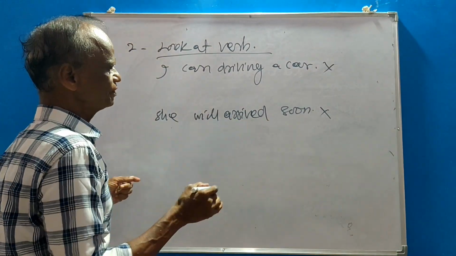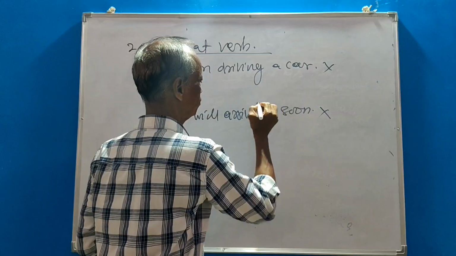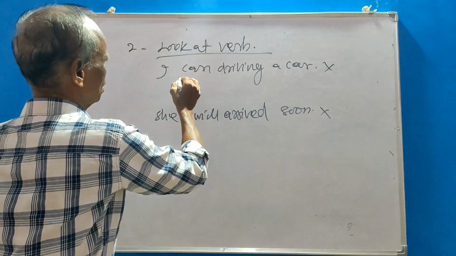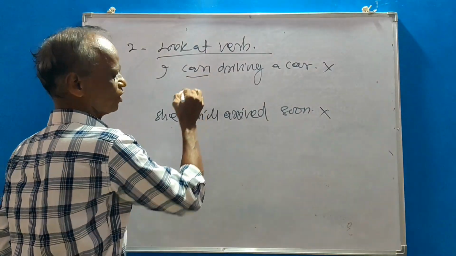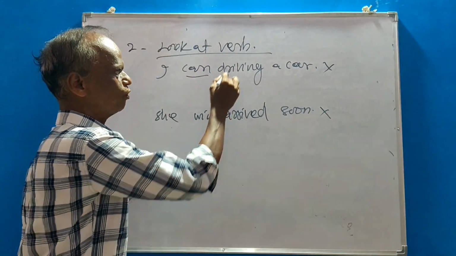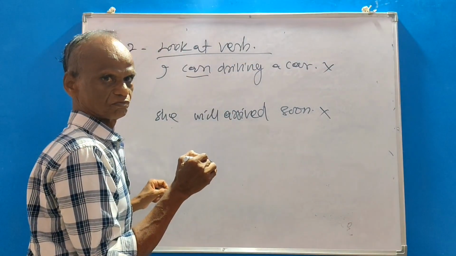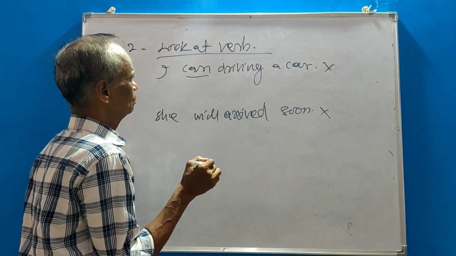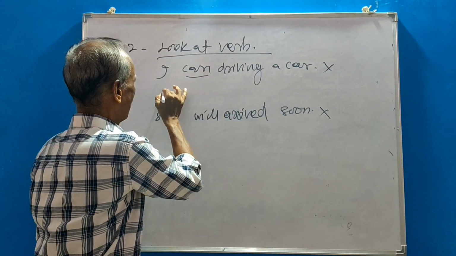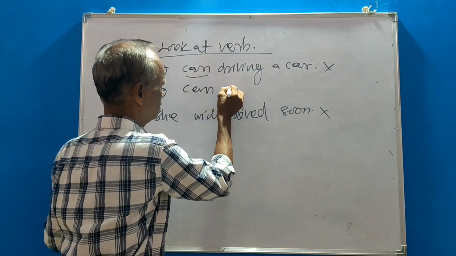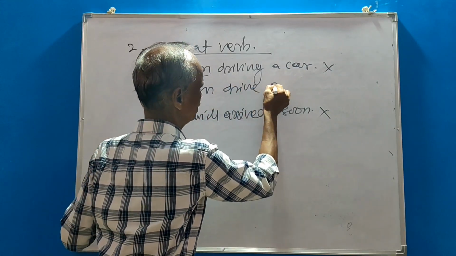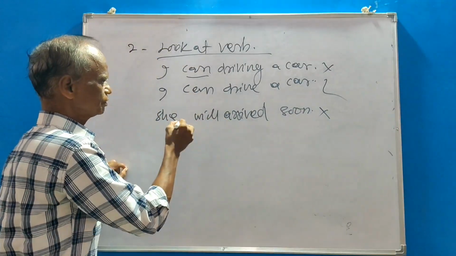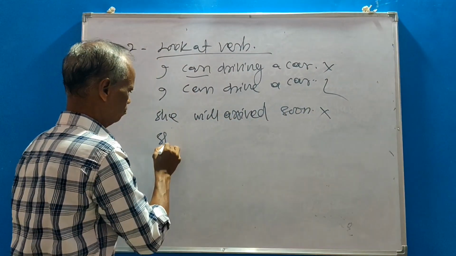Yeah. She will arrive soon. Okay. A modal verb cannot be followed by an ing verb. So, I can drive a car. It is correct. She will arrive soon.